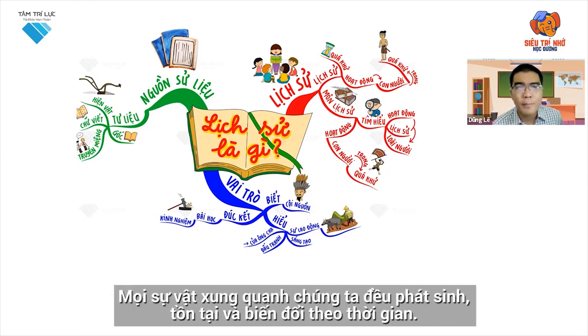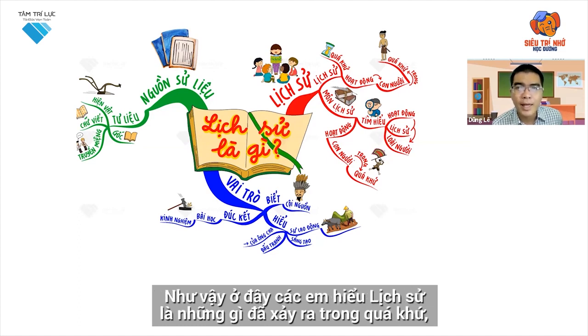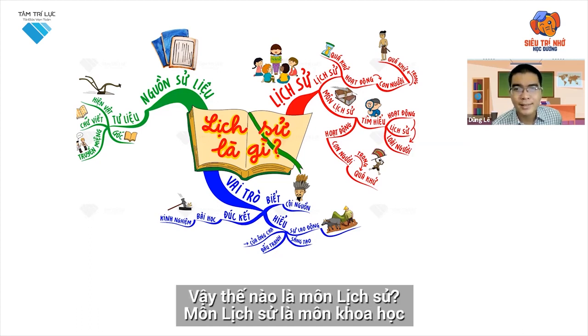Everything around us appears, exists and changes over time. So does human society. That process is called history. So you can understand history is what happened in the past, including all human activities from the time human appeared until the present. So what is the history subject?